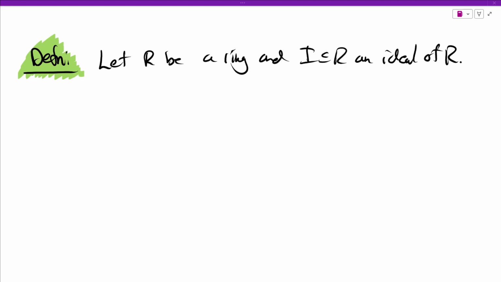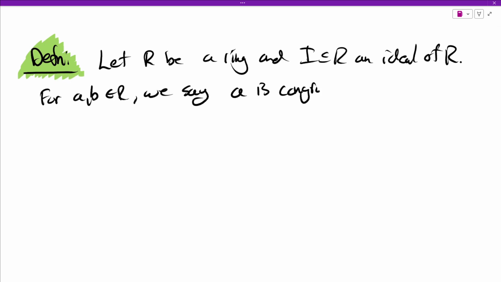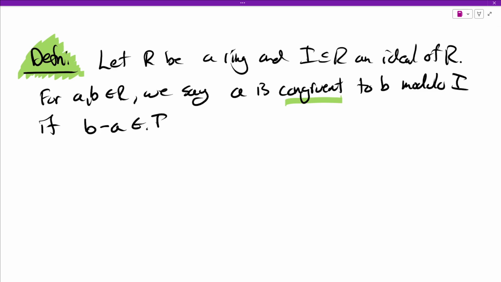So suppose we have a ring R and I is an ideal of R. We say, I guess one thing first, for two elements A, B of R, we say A is congruent to B modulo I if B minus A is in I.